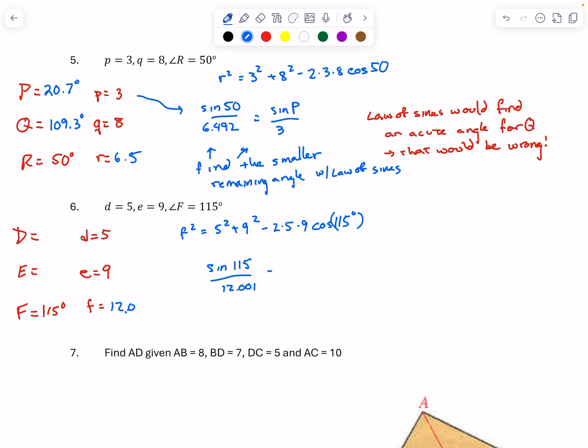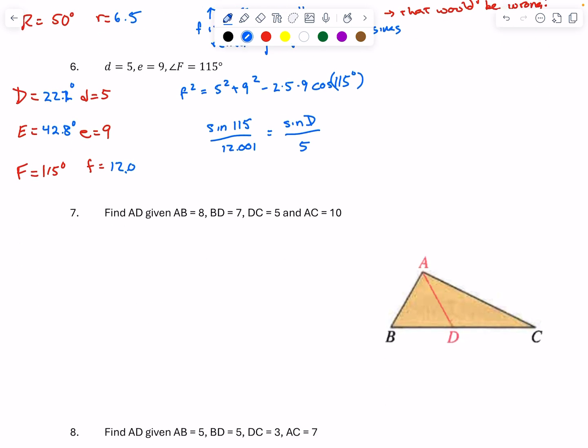You don't have to worry about the law of sines if you already have an angle bigger than 90, because the second one can't be. But we'll find the smaller one anyway. It's a good habit. Cross multiply, divide by 12, take the inverse sine. Subtract from 180. And you get your answer.